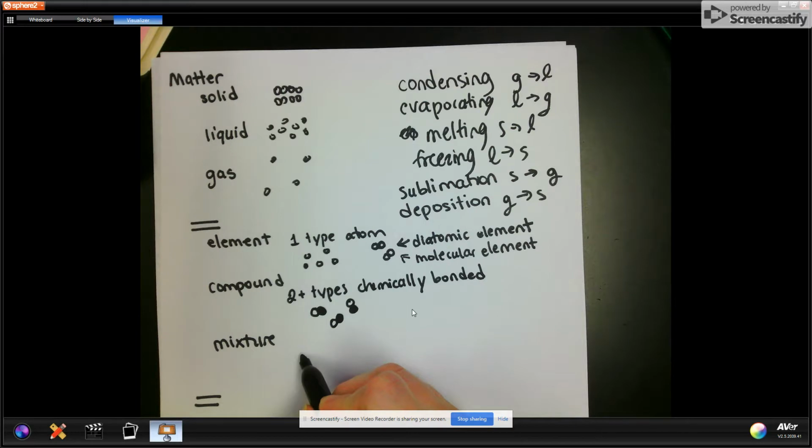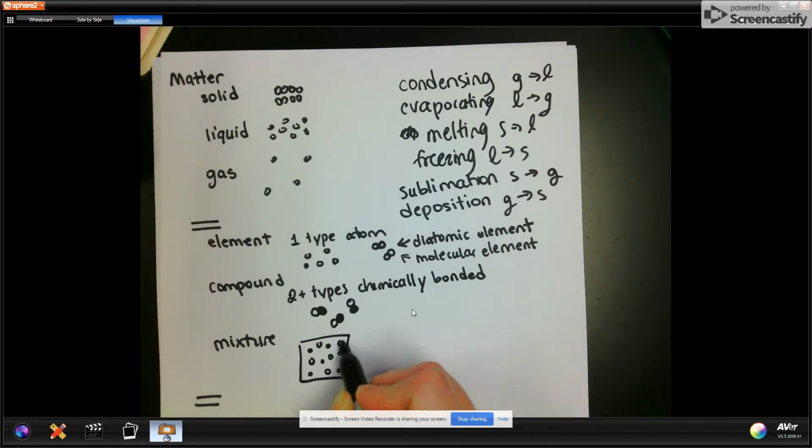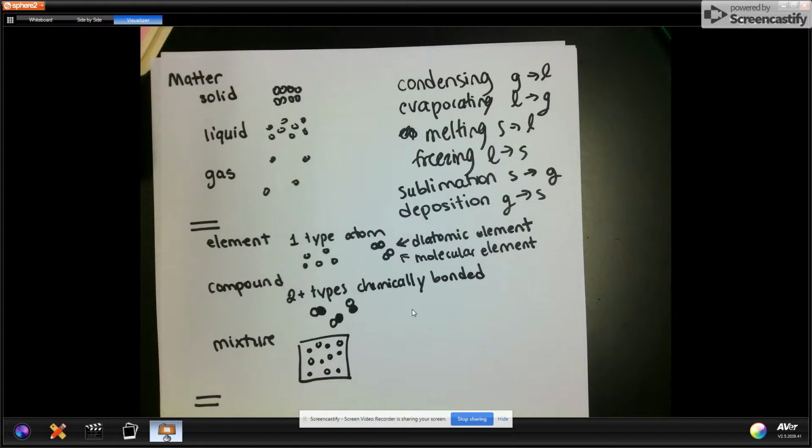Your mixture, there you could have 2 types. On a particulate diagram, if everything kind of mixed, like it's all spread out and mixed like that, there's no clear definition of 2 layers. This is your homogeneous mixture. And it's a mixture because I have 2 different ones. I have some that are filled in and some that are not, but they're not touching.